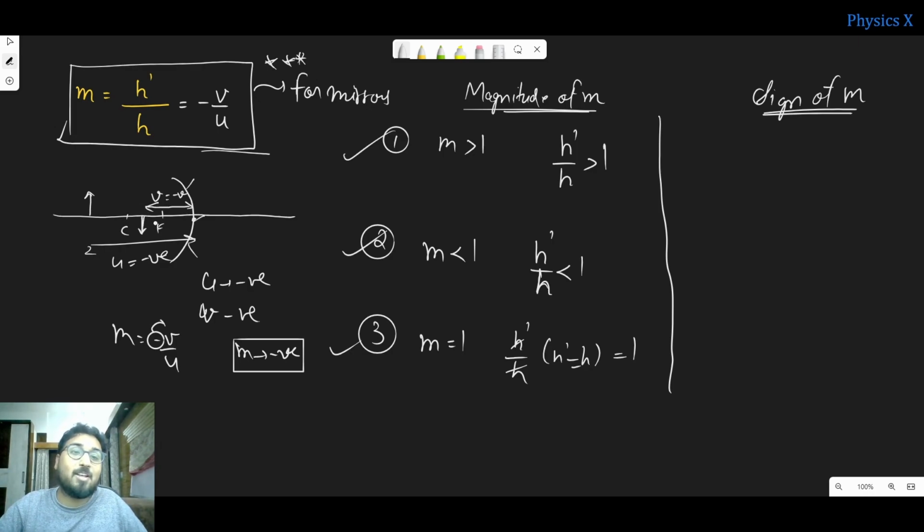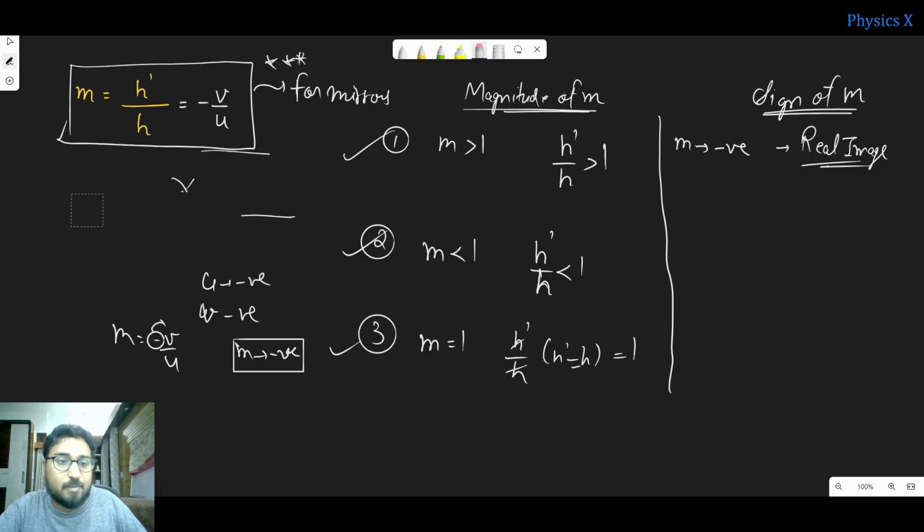That means the rays are actually meeting, and it means that the image is real. So if the sign of M is negative, it means a real image. You can verify in every case. When the virtual image forms, it will be on the back side of the mirror. As the image goes on the back side of the mirror, this V becomes positive. Okay, now let us consider another case.